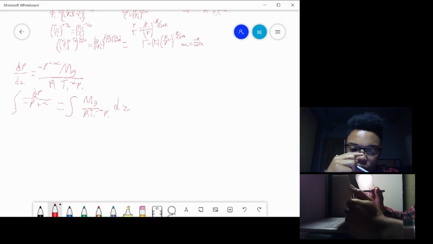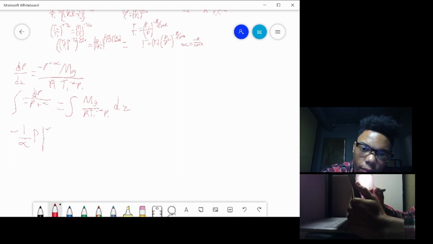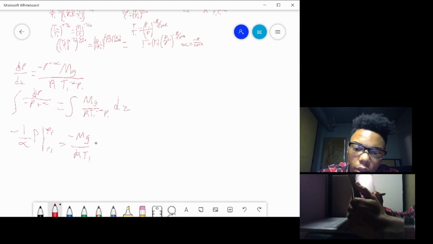So for here we get to integrate. We know this is going to give us a negative 1 over alpha of P evaluated from P final to P1. And that's going to be equal to, since all these are constants on the outside, mg over RT1 times P1 to the negative alpha of ZF minus Z1.